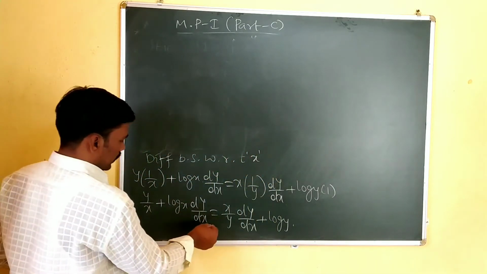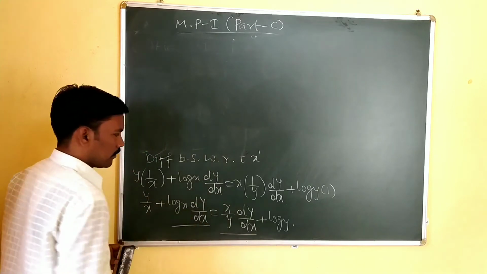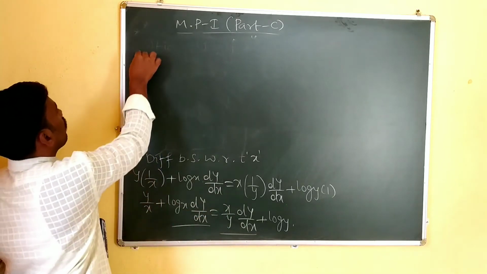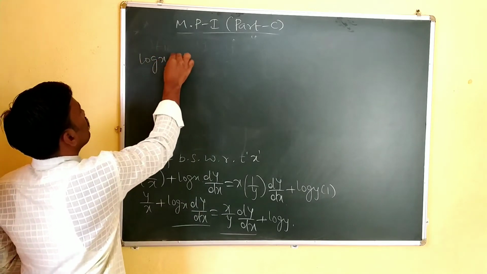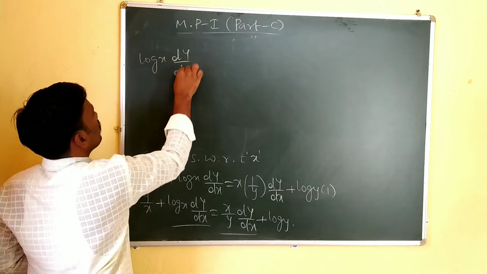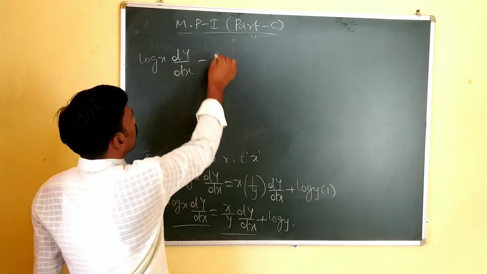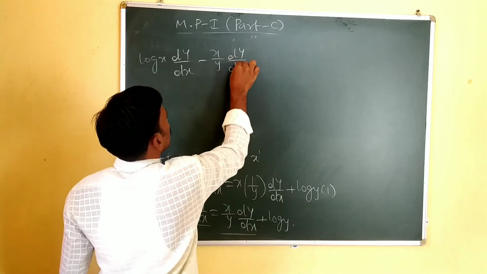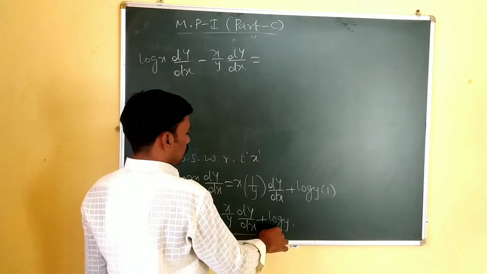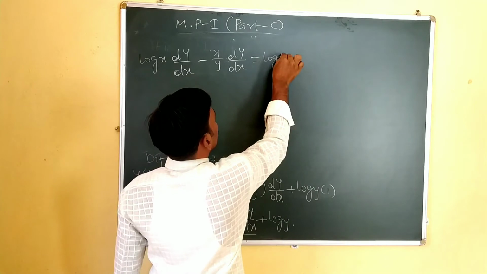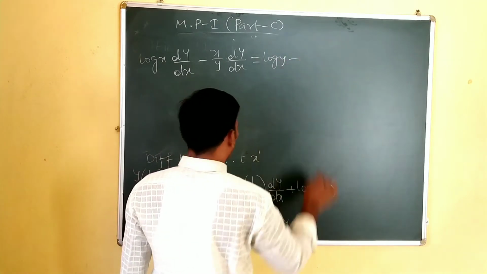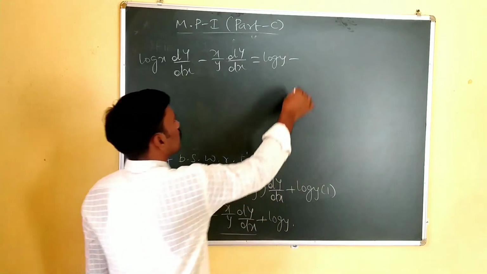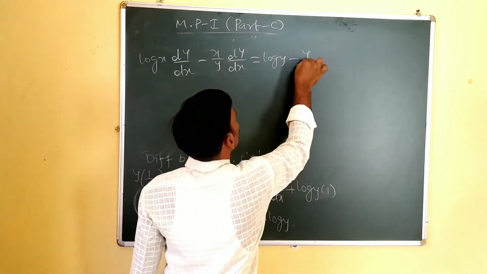So now grouping the similar terms on one side, take this x by y into dy by dx to the left hand side: log x into dy by dx minus x by y into dy by dx, that is equal to log y as it is, log y minus, so take this y by x to the right hand side, becomes minus y by x.